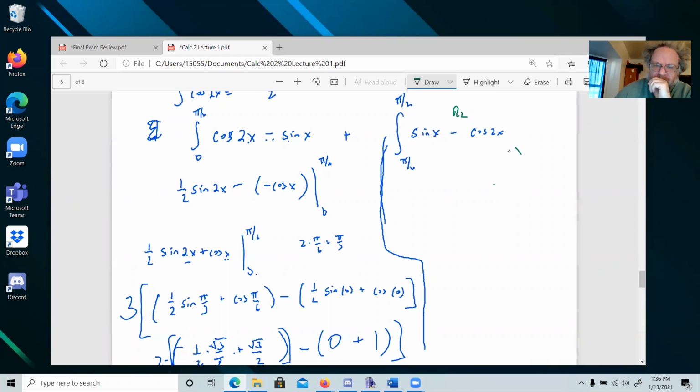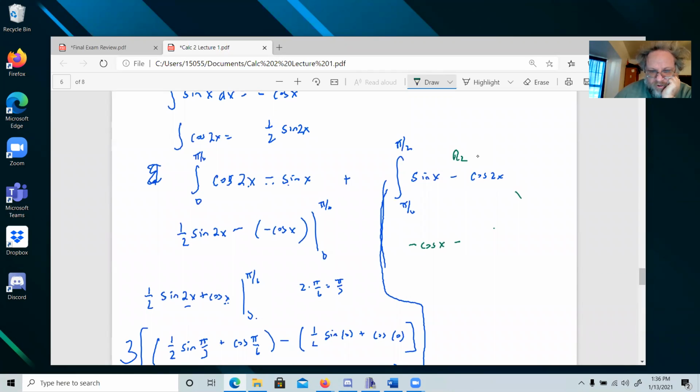So this was region 1 in blue, region 2 in green. So what is the integral of sine? That was negative cosine, right? And then minus, what was the integral of cosine 2x? The integral of cosine 2x was 1/2 sine 2x, right? And again, we're going from pi over 6 to pi over 2.